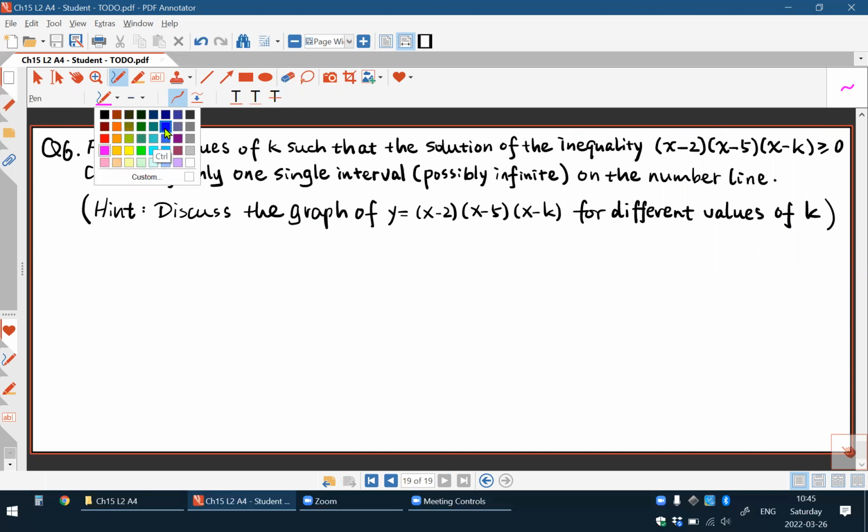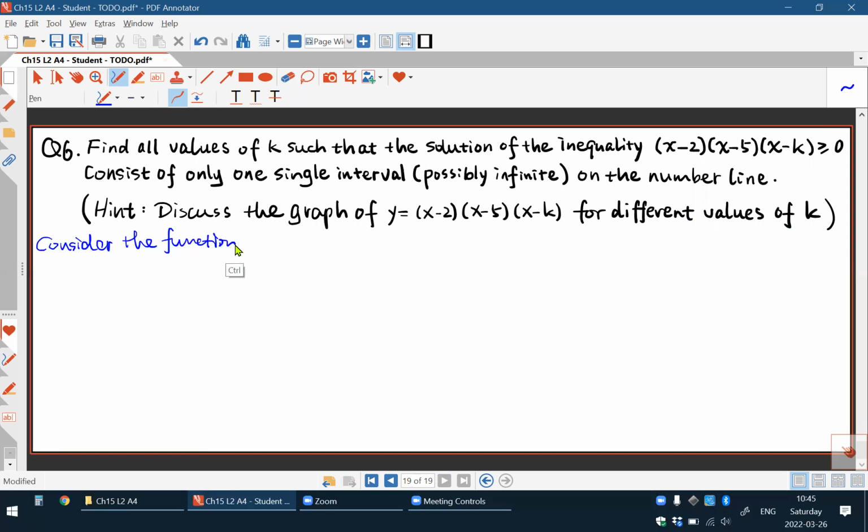So basically, let's consider the function. Actually you can try to solve this inequality as what we did in the previous questions. So first of all, let's consider the function on the left side, which is y equals the product of these three binomials.